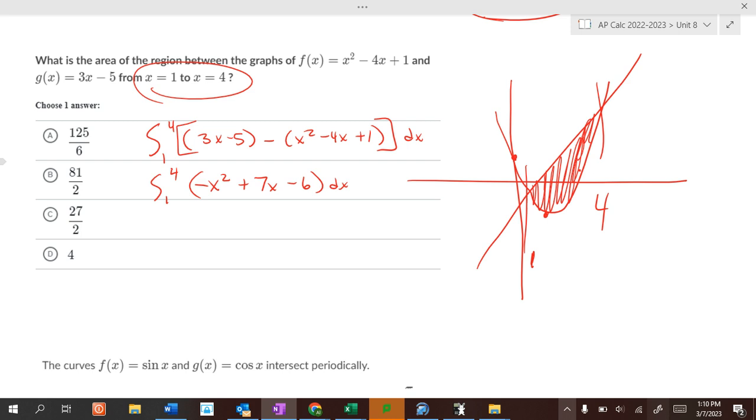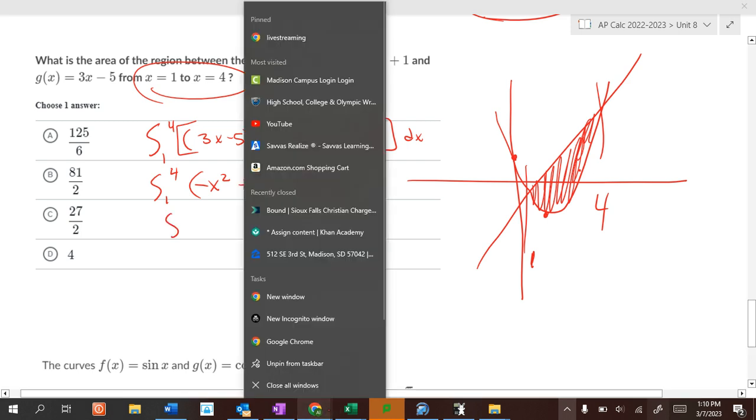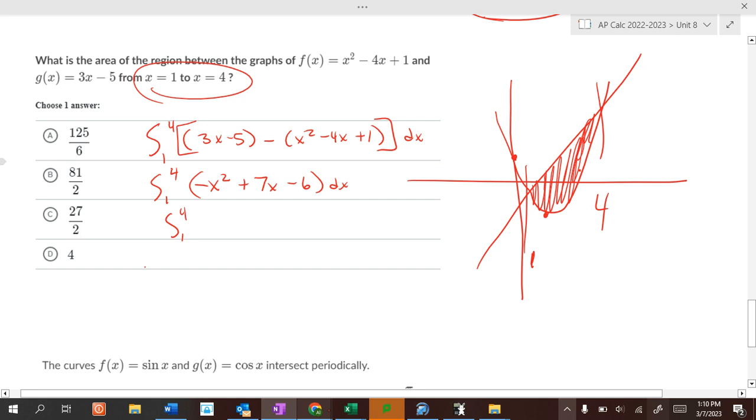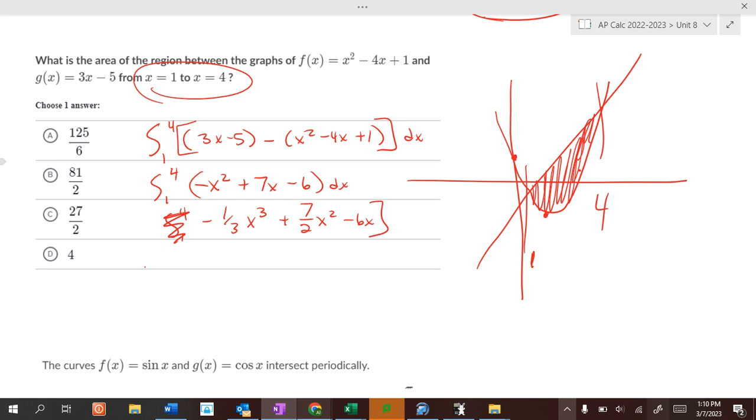So then the integral is negative 1/3 x cubed plus 7 over 2 x squared minus 6x, from 1 to 4. If we stick a 4 in here, 4 cubed is 64, so it's negative 64 over 3 plus 16 times 7 divided by 2. Well, it's 7 halves of 16. Let's just put it like that for now.